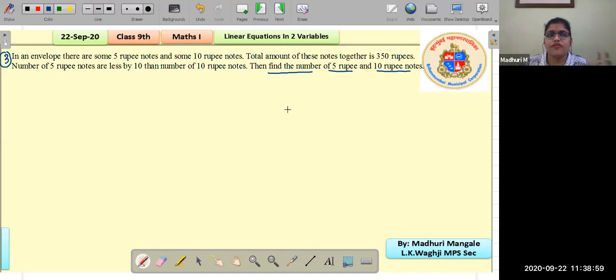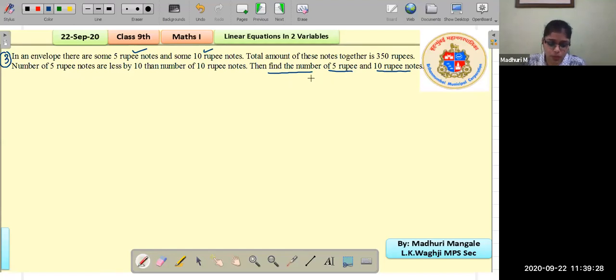It is stated that in an envelope there are some 5 rupee notes and some 10 rupee notes. Total amount of these notes together is 350 rupees. Number of 5 rupee notes are less by 10 than number of 10 rupee notes. Then we are asked to find the number of 5 rupee notes and 10 rupee notes.